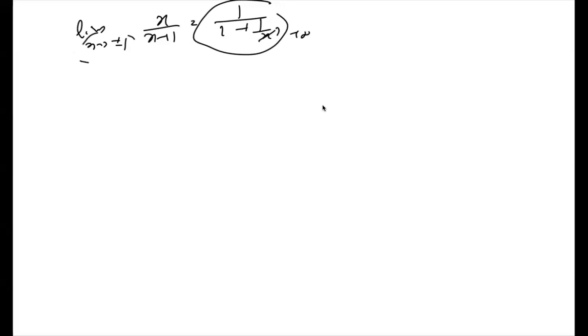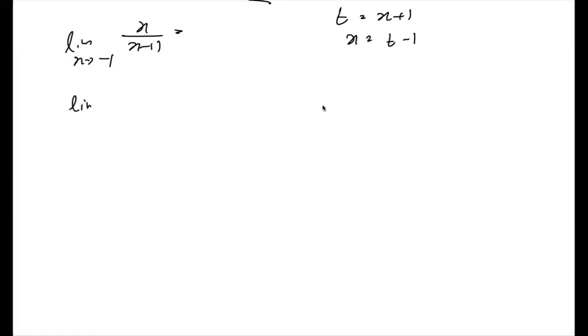Or else we can write the limit as x goes to minus 1 of x over x plus 1. Another thing you can do is use substitution. Let's say t equals x plus 1. Then you have x equals t minus 1. And then you can have the limit as t goes to 0, because x goes to minus 1 implies t goes to 0.